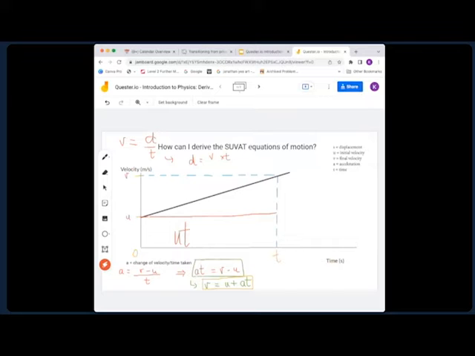Yeah, very good. People are saying it's going to be equal to 1/2 multiplied by V minus U multiplied by T.